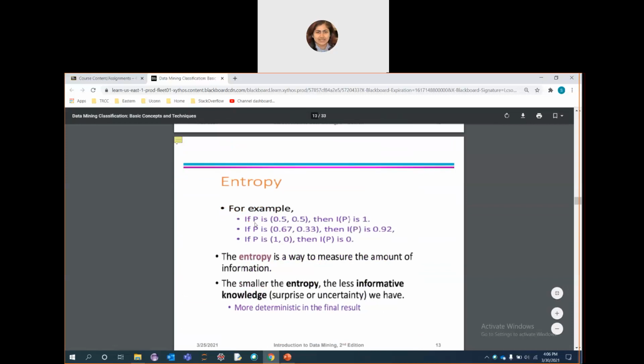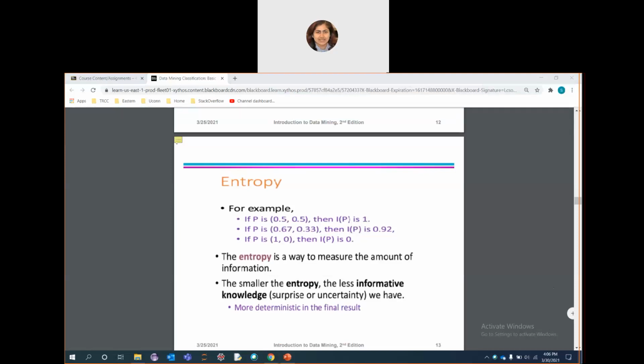Let's say in a given data set, the two probabilities P1, P2 are given. So how can you perform the total whole information, that is IP? It will be based on the formula. So I'm taking 0.5 and 0.5.